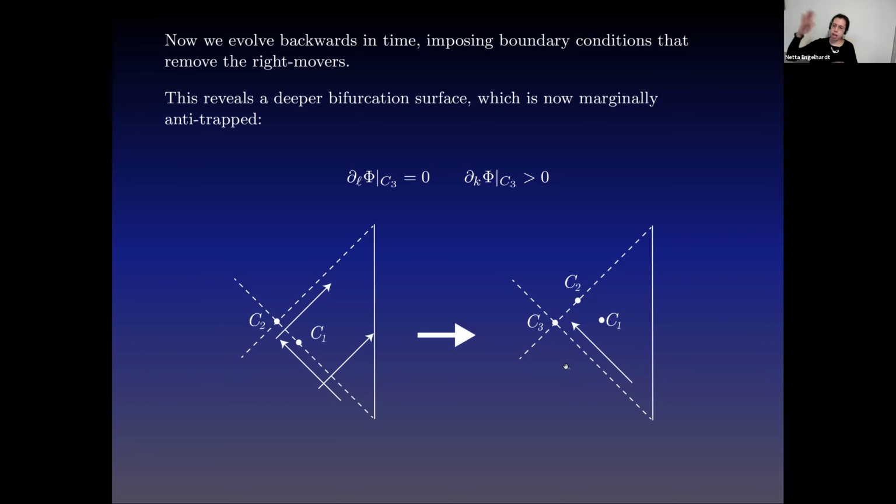So basically, every time we push the horizon deeper in, we might reveal new matter falling across it, like we did here, where we're removing this matter, pushing this one deeper in, revealing this one and causing focusing over here, so that this surface is stationary again in one direction, but not in the other. Now you can keep on iterating this procedure.